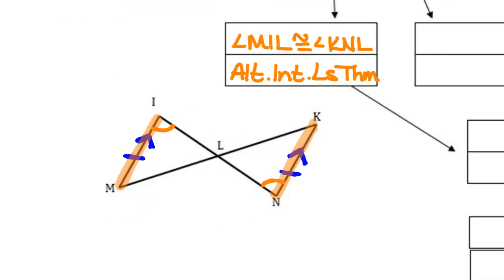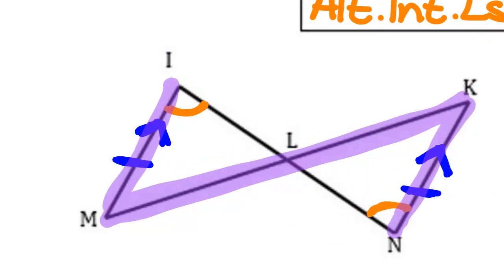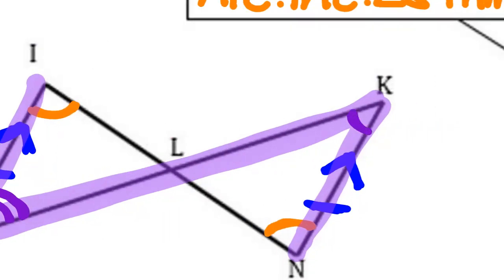Now I could have drawn my Z going the other direction. I could have drawn it like this, connecting it with MK instead of IN. That allows me to find another special angle pair that is congruent.